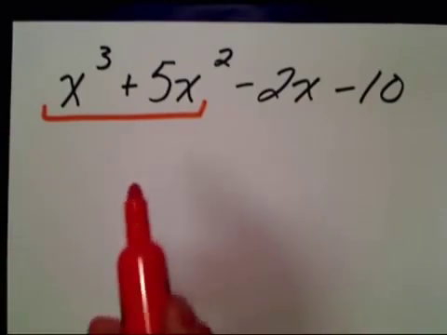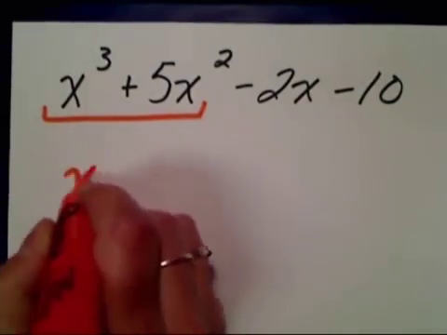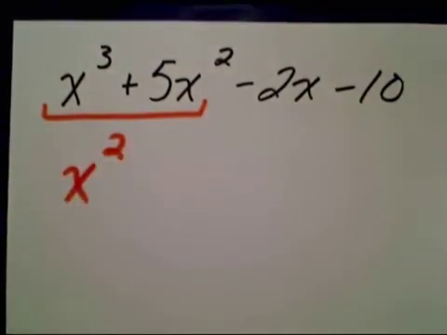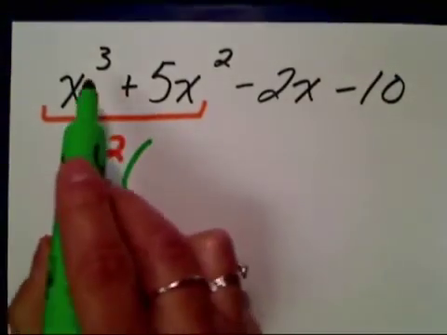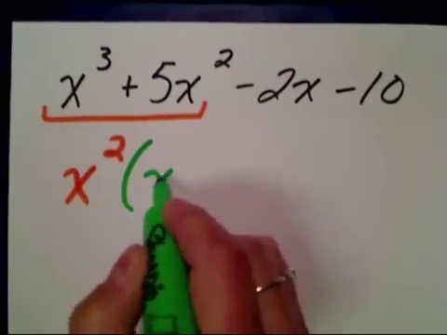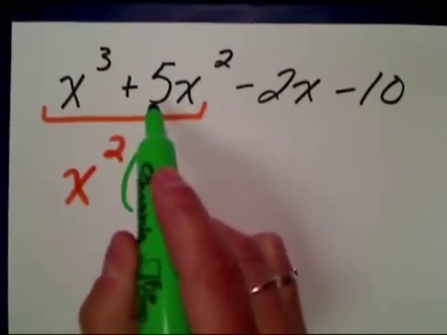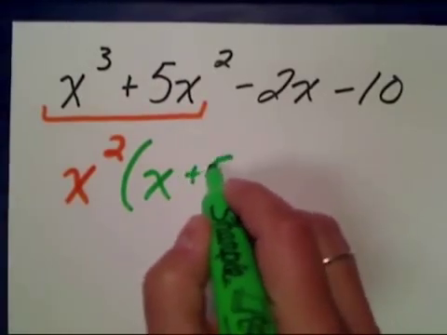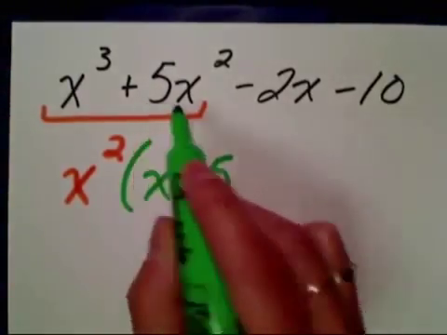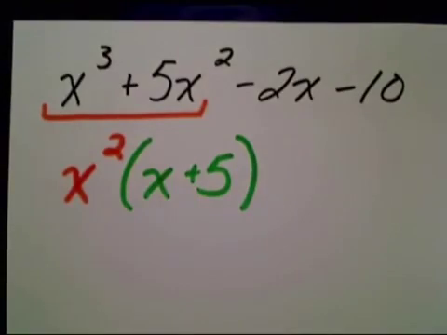The greatest common factor is, in this case, x squared. What am I left with when I pull out an x squared? I had 3 x's, I pull out 2, so I'm left with 1. I had the 2 x's, I pulled them both out, so I'm just left with the plus 5. If there was no number in front of there, I'd be left with a plus 1. You always have to have something there as a placeholder.